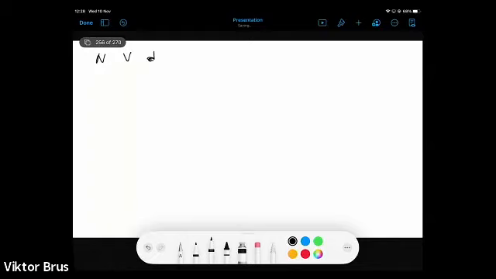So let's have a system of coordinates. We have X, Y, Z, and we have our cube. So our cube will look like this.